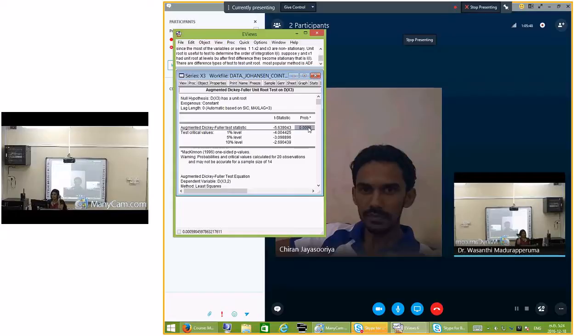The first difference becomes stationary, that is order of integration 1. Right, so this is the test for unit roots.